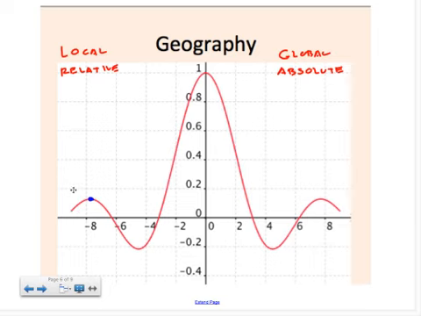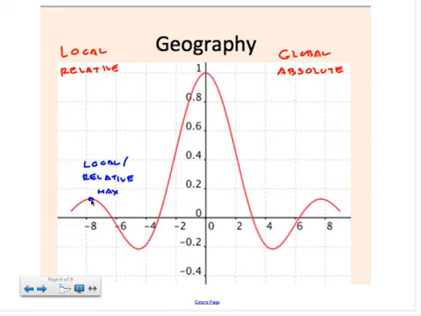So let's first look at this point right here. In a little window, which I'm going to highlight, this is the highest y value in this neighborhood. So we would call this a local or a relative maximum. Meaning if I consider all x values on either side of that point in a neighborhood, and a neighborhood can be small, that is the highest y value.